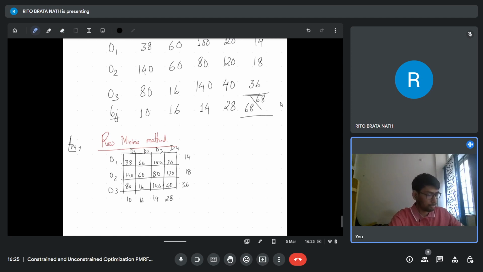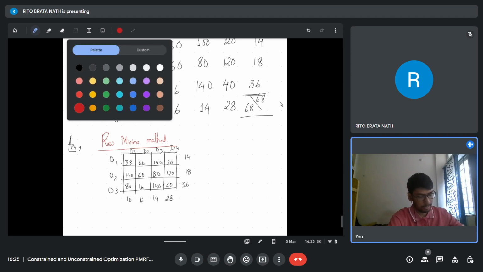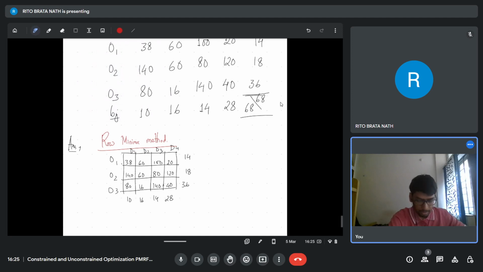Now what I have to do is the row minima method. So let me write the allocations using a different color, say red. So in the first row, the minimum one is 20, right? That's the cost which is minimum. And the maximum that you can allocate there is the minimum of 14 and 28.